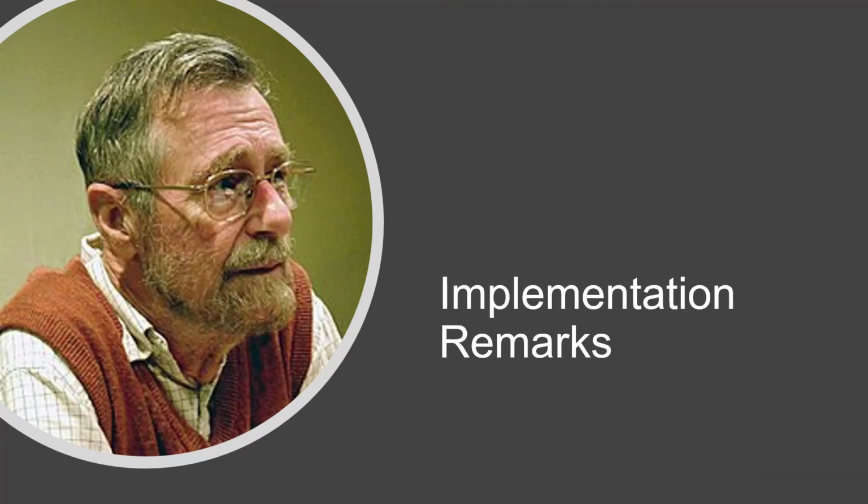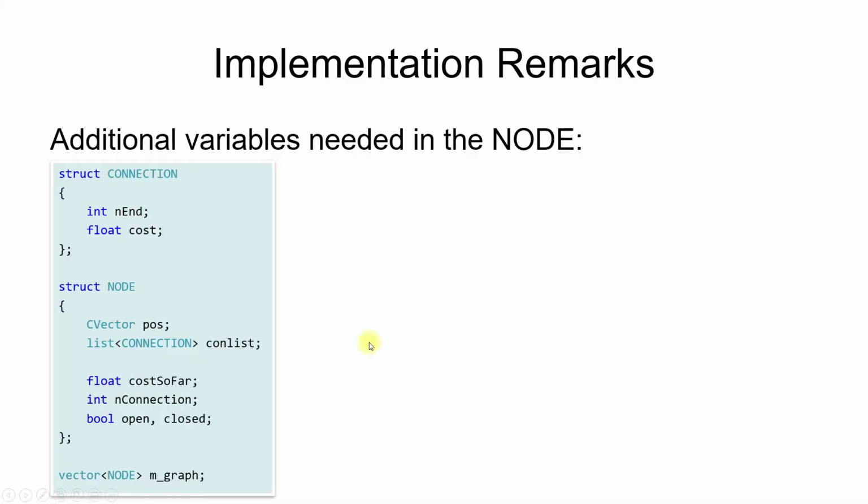I will now conclude the presentation of the Dijkstra algorithm with a few implementation remarks. So, first of all, your connection structure may remain without any modifications, but the node structure will require a few additional variables such as cost so far, connection, and also open and closed Boolean flags.